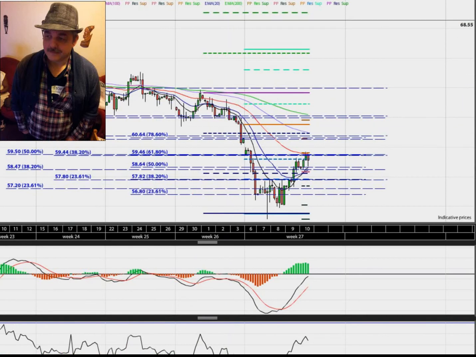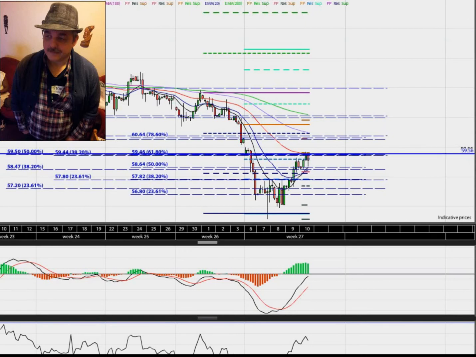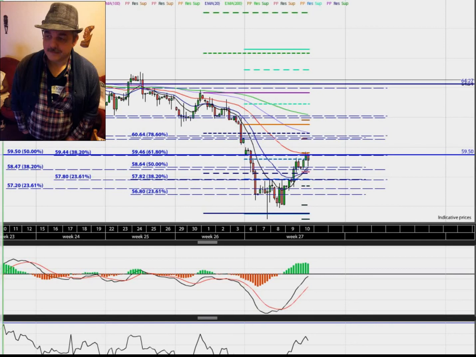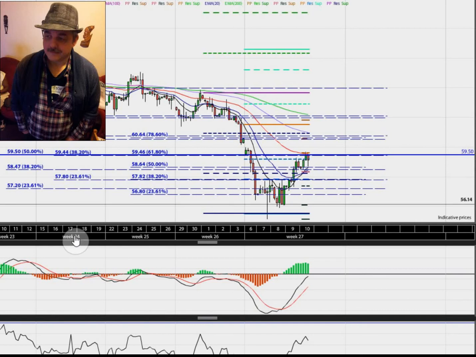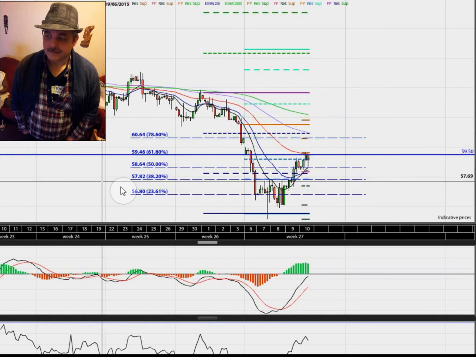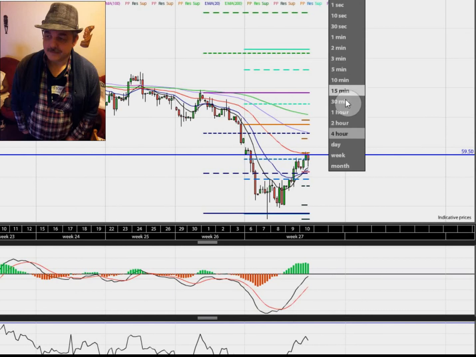We just mark that area in so that we can keep it, and we'll get rid of the fibs so that we can clear up the chart a little. There you go. So you can see that price has pulled back to that level and then dropped off a bit.